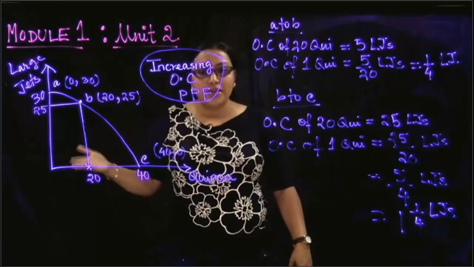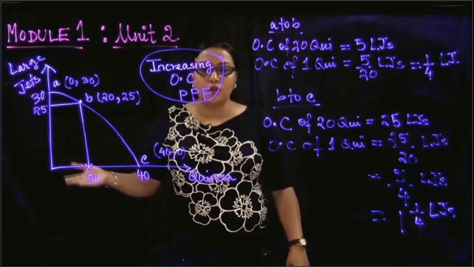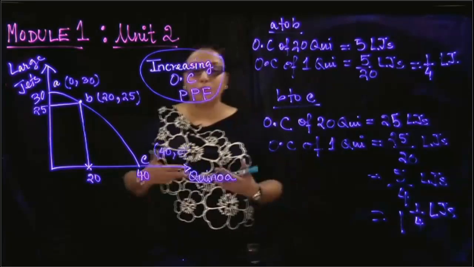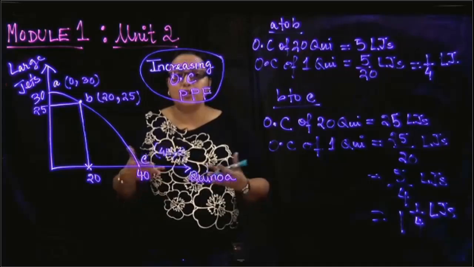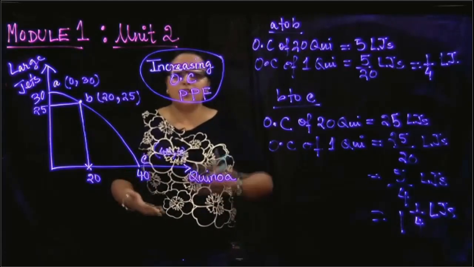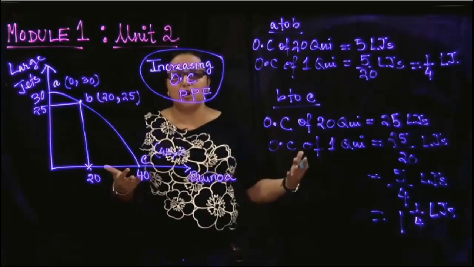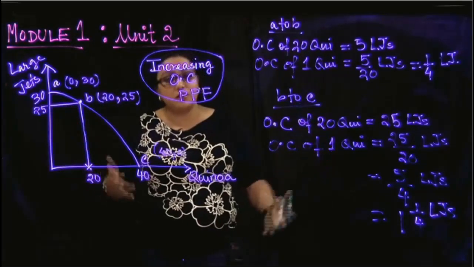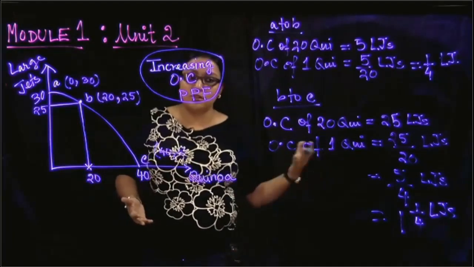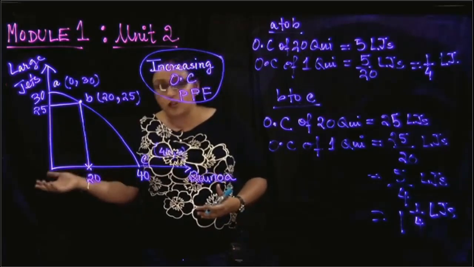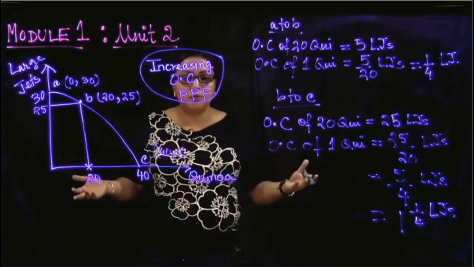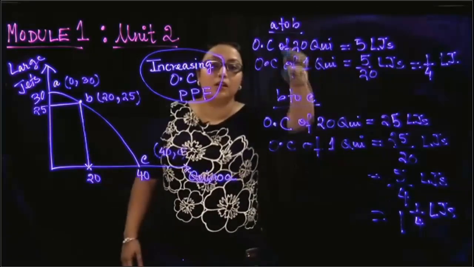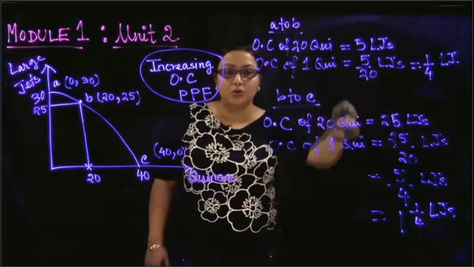Unlike the straight line PPF, it's not a constant opportunity cost PPF, but the second rule that we said, that the opportunity cost of one commodity is the reciprocal of the other commodity, holds irrespective of whether the PPF is a straight line or bowed out, a curve, whether it's constant opportunity cost or increasing opportunity cost.